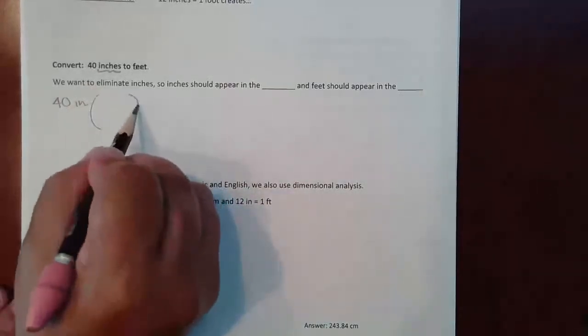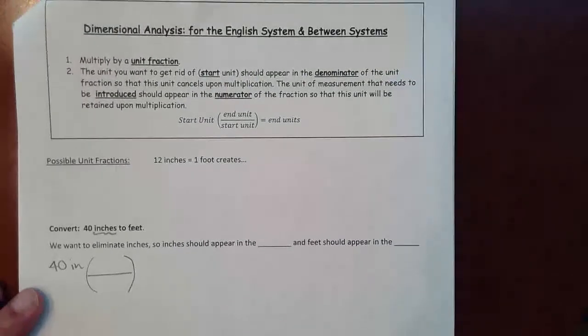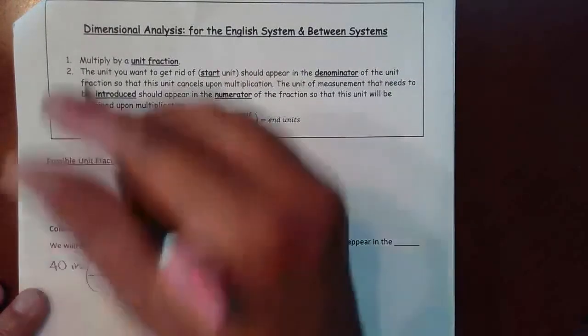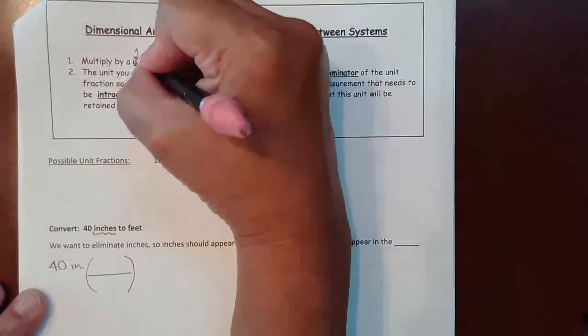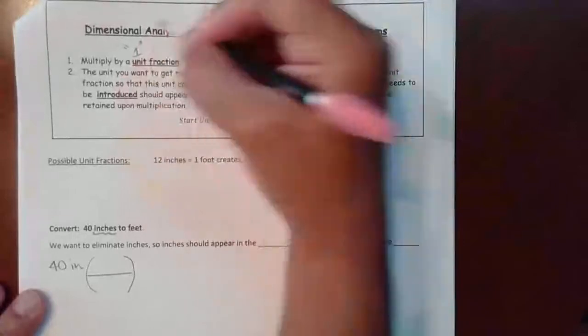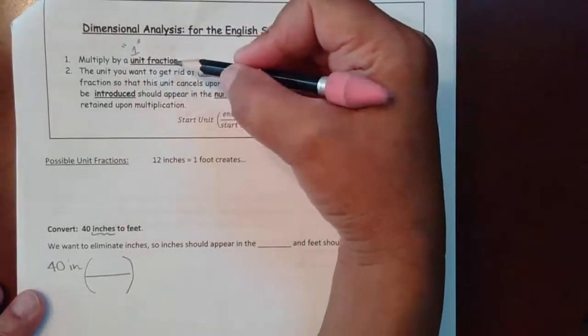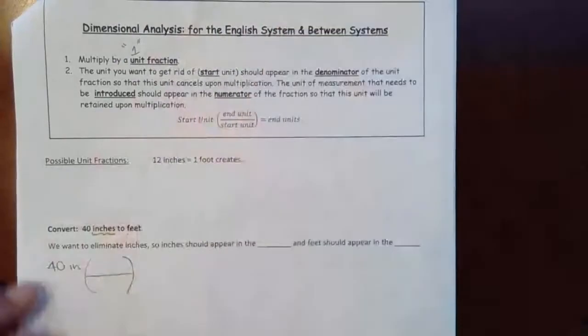Put this little thing that we call the converter fraction, and they are referred to as a unit fraction. That means one of the numbers in the fraction. Unit means one in all, no matter what kind of math you're studying. So this means that the fraction, one of the numbers, either the top or the bottom, is going to be a 1.